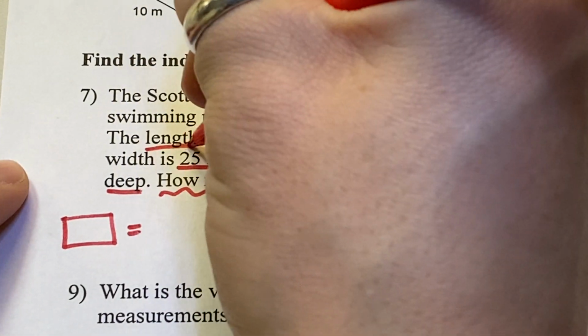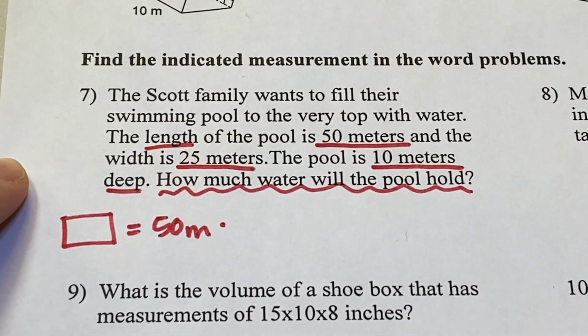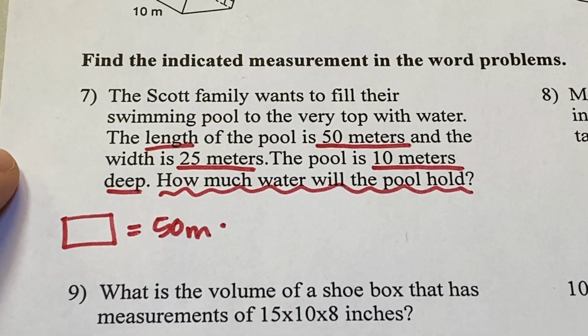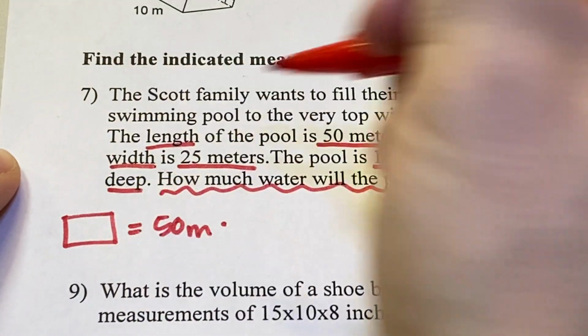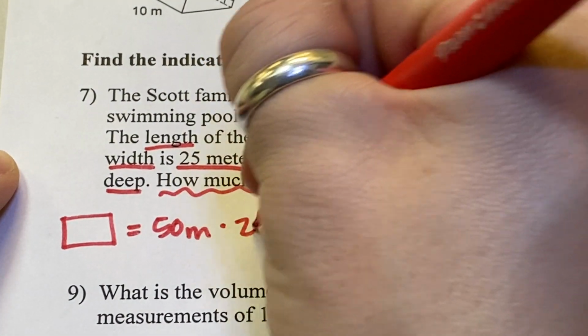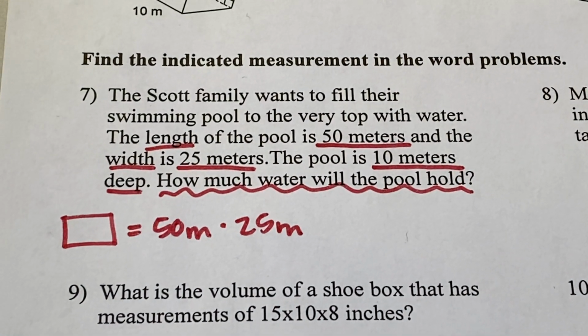It tells us the length right here, 50 meters. What was my width? Width is 25 meters. And height is the same thing as depth, right? How deep is it?